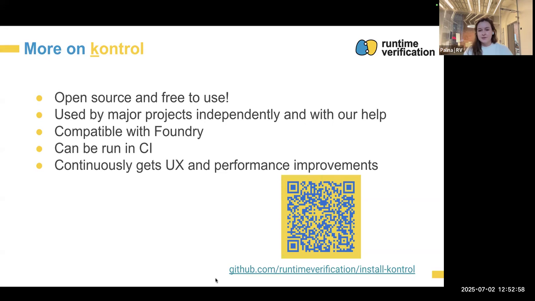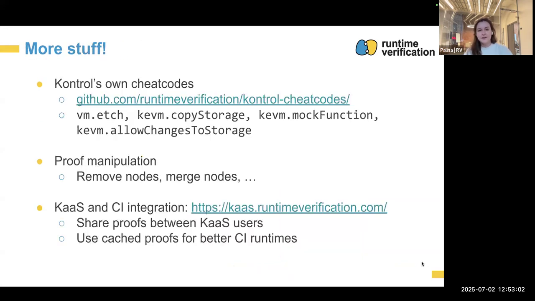There is a GitHub action that you can see here on the slide that installs it into your CI. And generally, there is just way more stuff than I could fit into this presentation. We have our cheat codes. We can show proofs, manipulate proofs, so a lot of different things actually. And KaaS is the hosted solution that I have mentioned, works really well with CI.